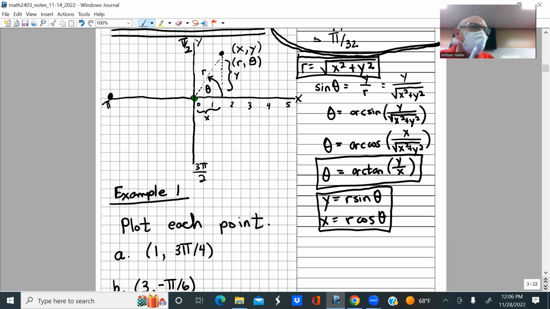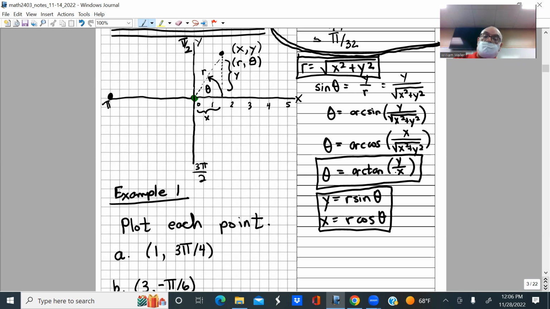The angle is a little bit harder to compute. This is usually the formula that's given for computing the angle theta if you know the rectangular coordinates. But since arctangent is not really the inverse of tangent, sometimes you have to think a little bit more carefully about this formula and interpret it properly to get the right angle.